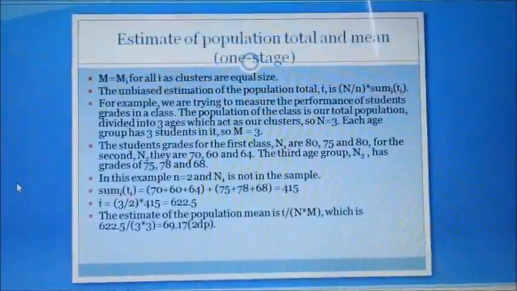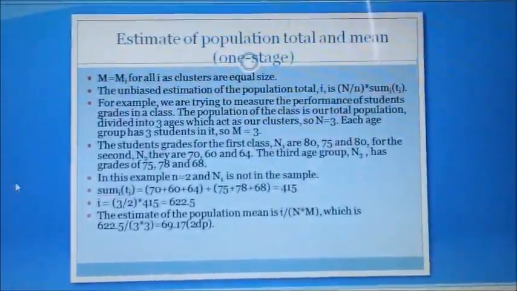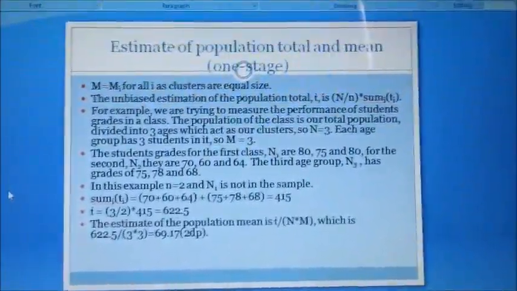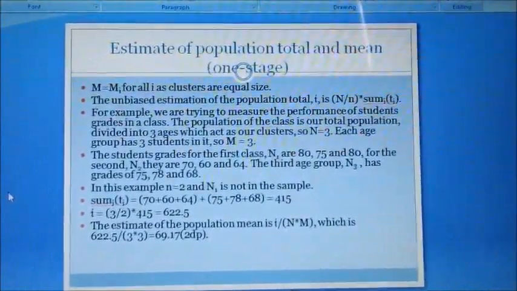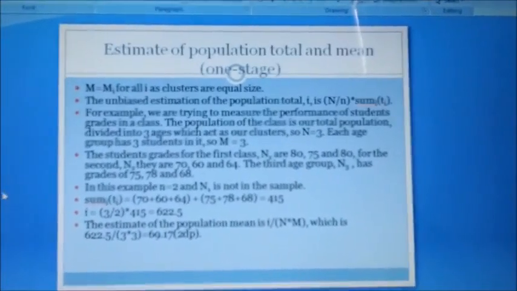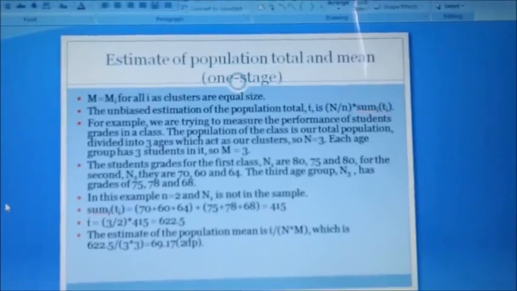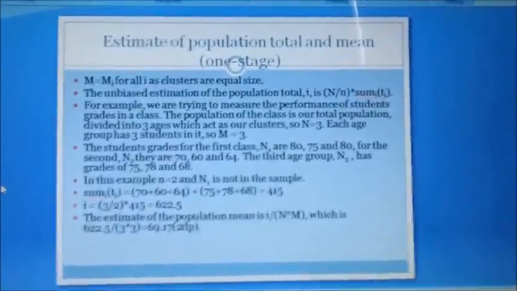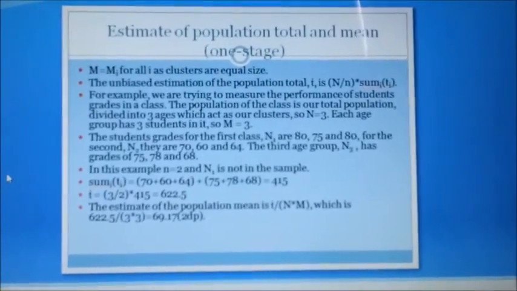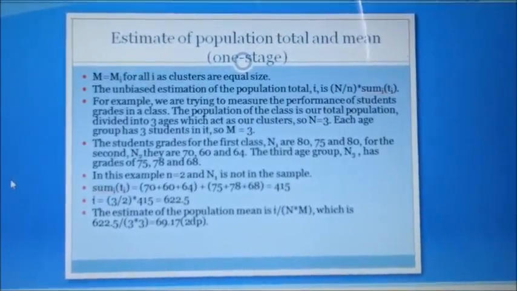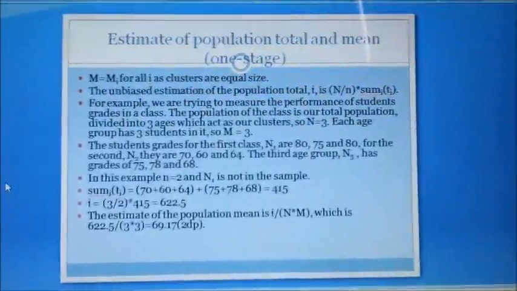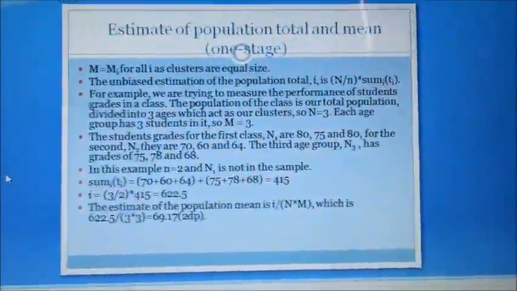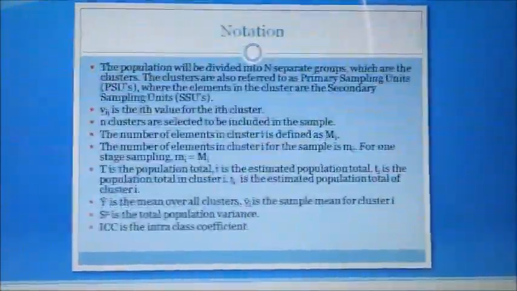T dot is then equal to N over n, which is 3 over 2 times 415, which is the sum of the Ti's, and that comes out to be 622.5 as our estimate for T dot. The estimate of the population mean is then given as T dot divided by the population size, which is N times M, which in this case is 3 times 3, so you divide 622.5 by 9, and you have 69.17 as our estimate of the population mean, and 622.5 as our estimate of the population total.